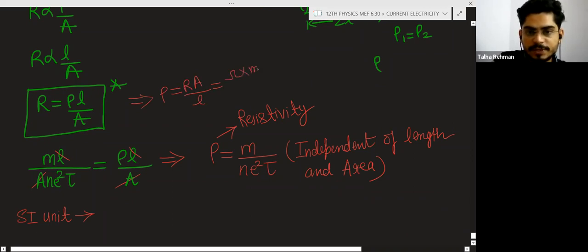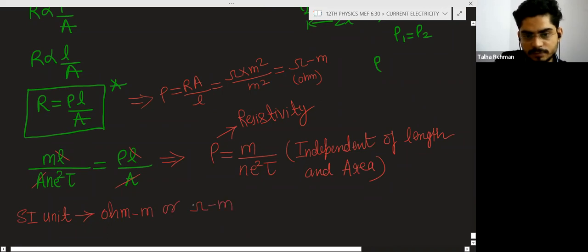Unit of area is meter square, divided by meter. So the unit of resistivity is ohm meter. This symbol is ohm. SI unit is ohm meter.